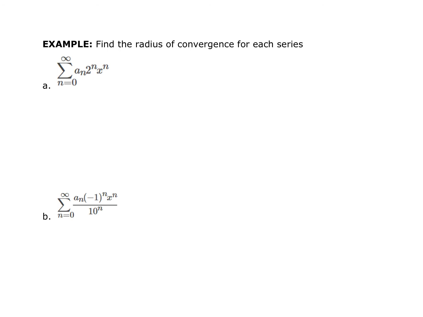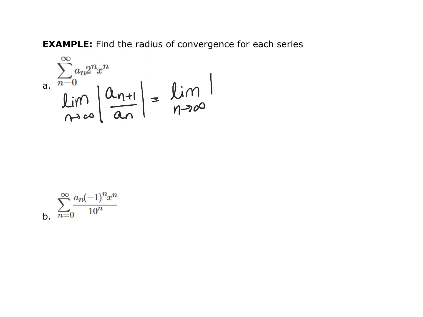The limit as n goes to infinity of the absolute value of a sub n plus 1 over a sub n is going to be equal to the limit as n goes to infinity of, everywhere I see an n, I'm going to replace it with n plus 1, so a sub n plus 1 times 2 raised to the n plus 1 multiplied by x raised to the n plus 1, all over a sub n, 2 to the n, x to the n.